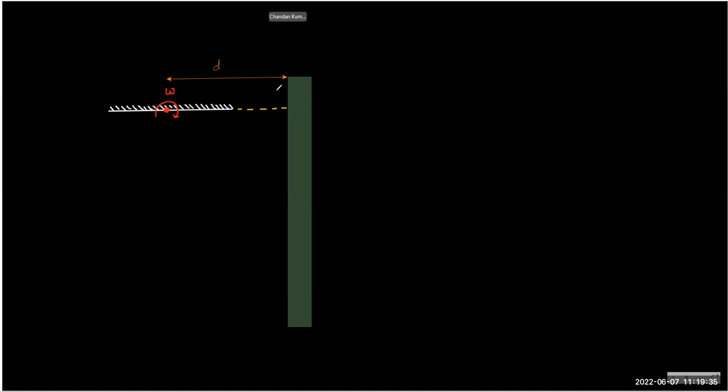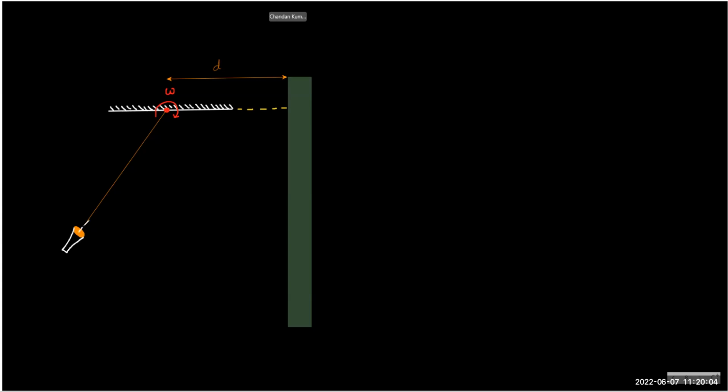So there is a flash torch, simply a torch, you can say. There is a torch which is illuminated somewhere here, and the torch orientation is constant.